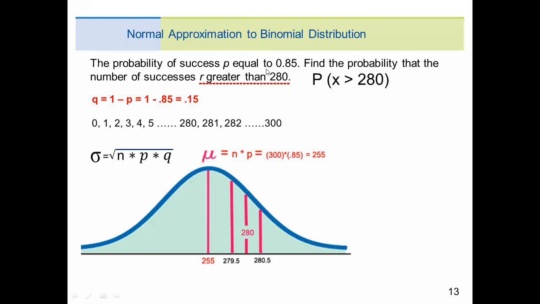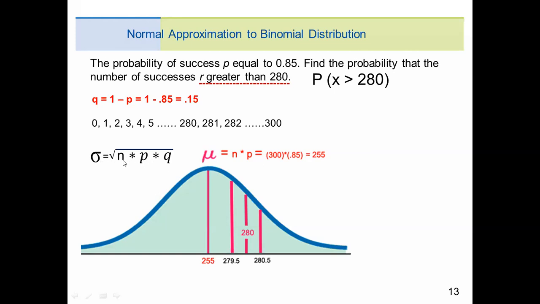What I've done here, I'm going to actually do this one all out, even with a calculator. If P is equal to 0.85, then it makes sense that Q is 1 minus that, or 0.15.